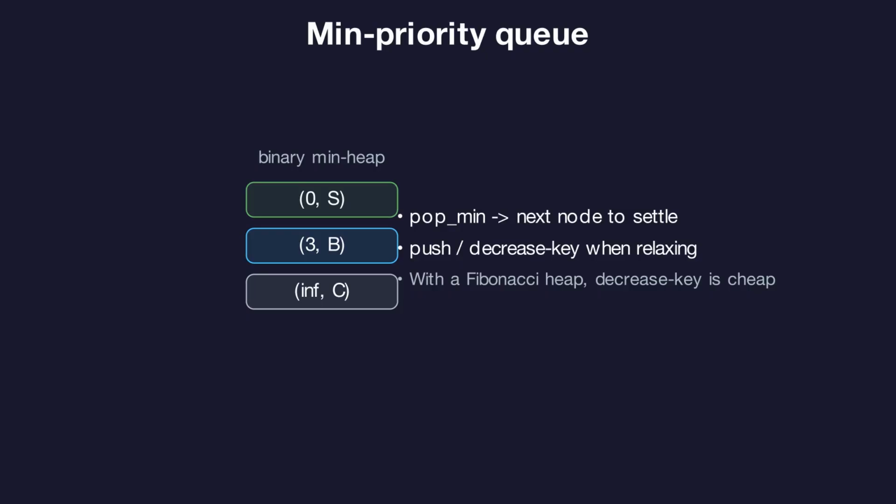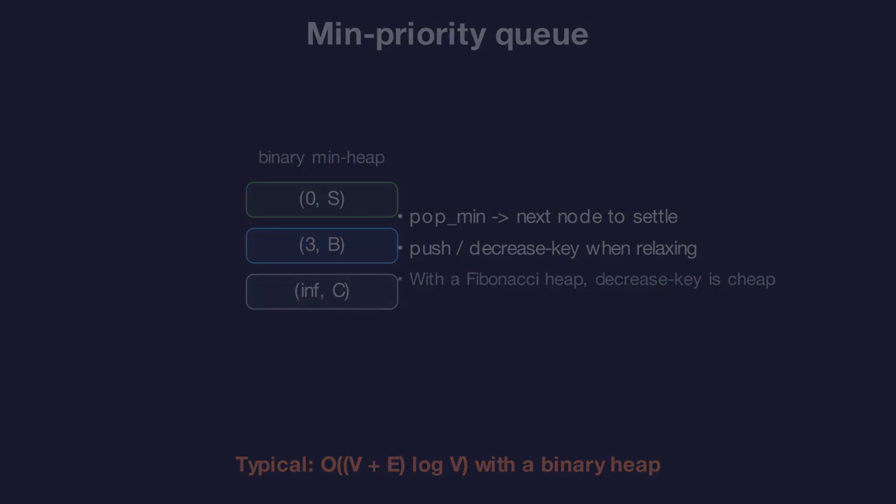When a stale larger distance pops first, we skip it. With a binary heap, each push and pop costs logarithmic time in the heap size, which leads to the familiar bound of order (V + E) log V for sparse graphs. Fibonacci heaps can improve the theoretical bound for dense cases, but binary heaps are what most engineers actually code.